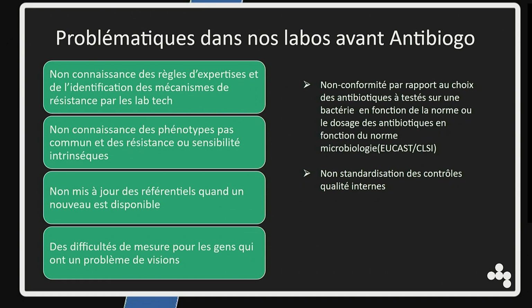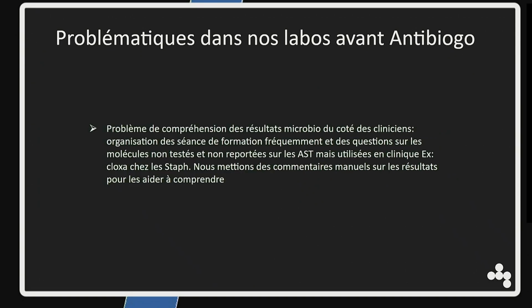Also, the dosage of the antibiotic discs: for example ciprofloxacin 4 was used instead of 5, or 2.5 micrograms instead of Cotri 25 micrograms. Also, there was a lack of standardization in internal quality control for the antibiotic discs. Often you find a resistance when the problem is with the antibiotic disc.